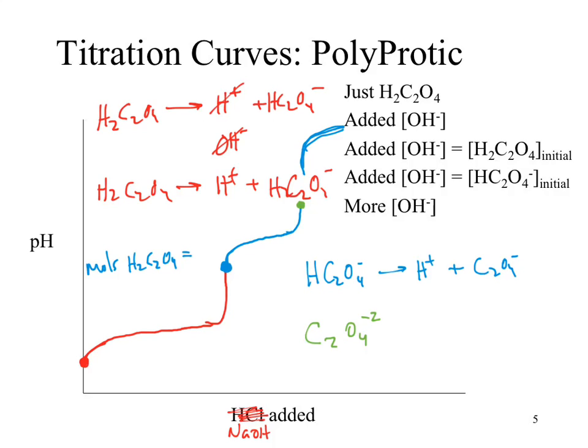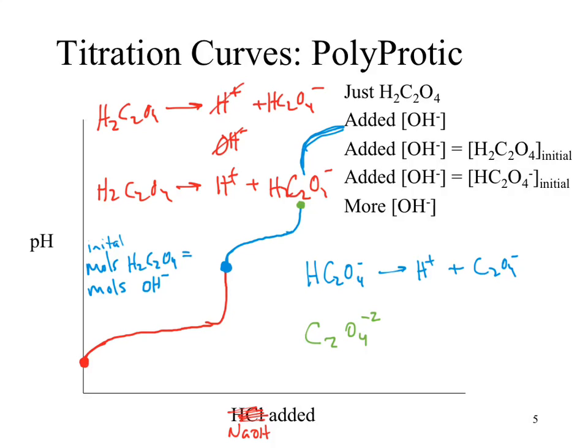What did you say? Not quite at that point either. What reacted with the oxalic acid to make sure it went away? Hydroxide. At that point, my initial moles, we should add that I guess, the initial moles of our oxalic acid equal the moles of hydroxide.